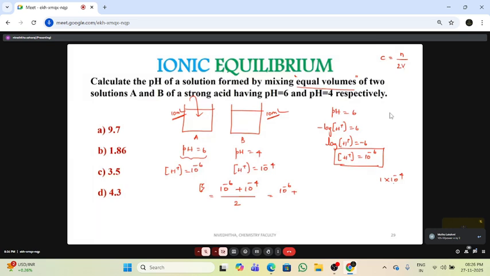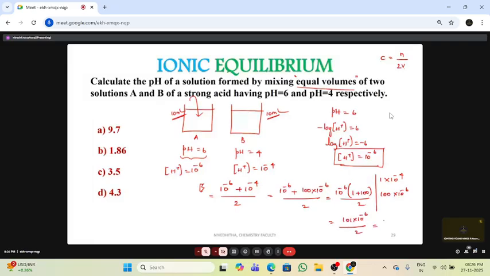Okay. So this can be written as 100 into 10 power minus 6, right? So 100 into 10 power minus 6 divided by 2. From this we can take 10 power minus 6 common. So 1 plus 100 divided by 2. So 1 plus 100 is nothing but 101 into 10 power minus 6 divided by 2.